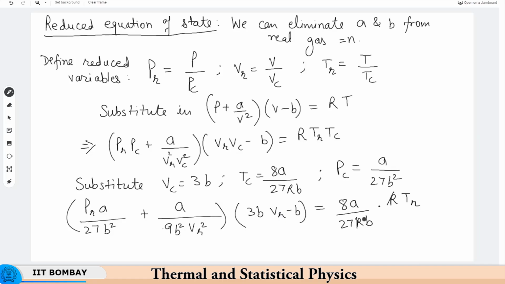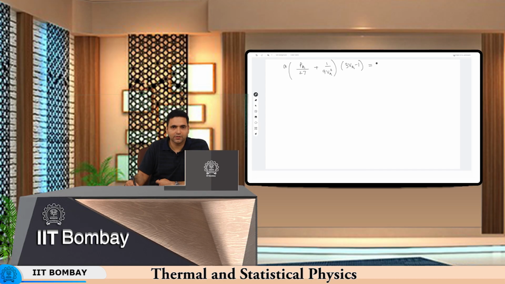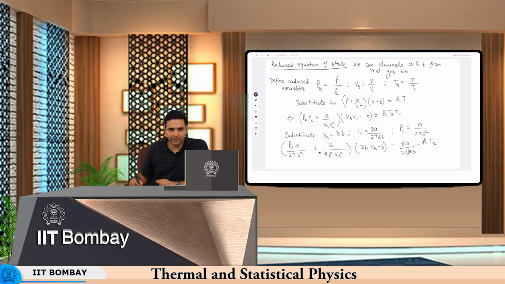We can see some quantities cancel out conveniently, and with a little bit of algebra we can simplify this as follows. You can convince yourself that this can simply be written as A times (P_R by 27 plus 1 by 9 V_R squared) times (3V_R minus 1) equals 8 by 27 times T_R. I have taken some terms out of the parentheses and cancelled some common terms on the left hand side and the right hand side.